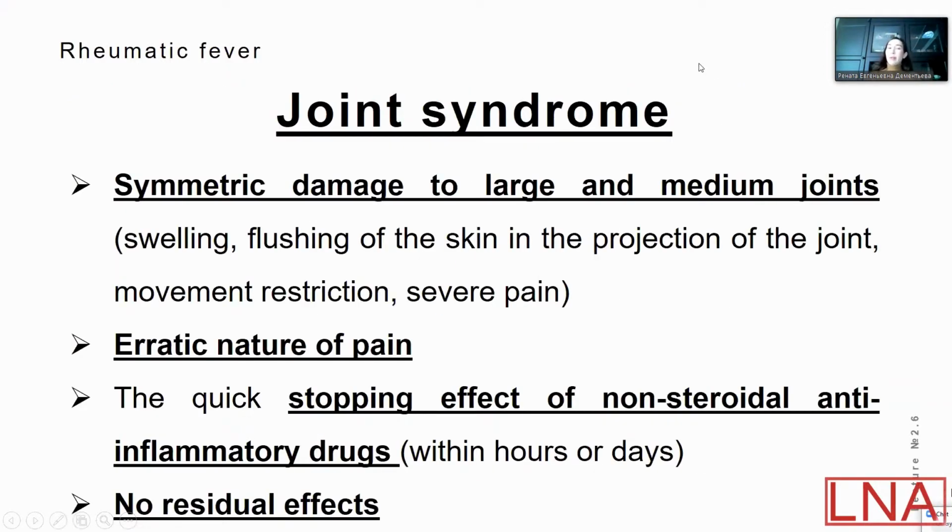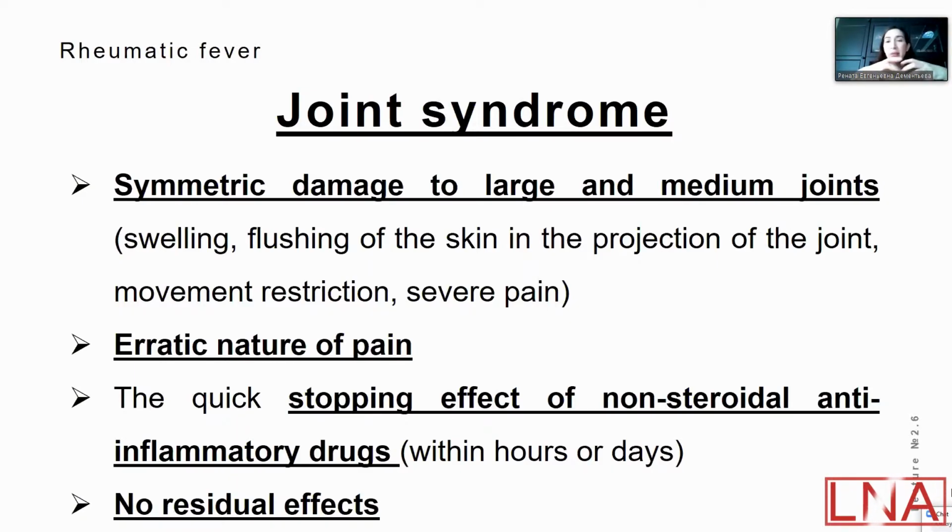Joint syndrome, and what is it, joint syndrome in case of acute rheumatic fever. It's symmetric damage of large and medium joints, significantly for acute rheumatic fever. Which signs of damaging?